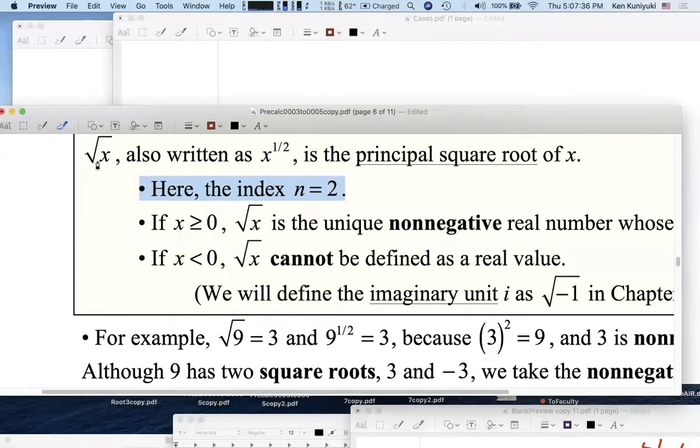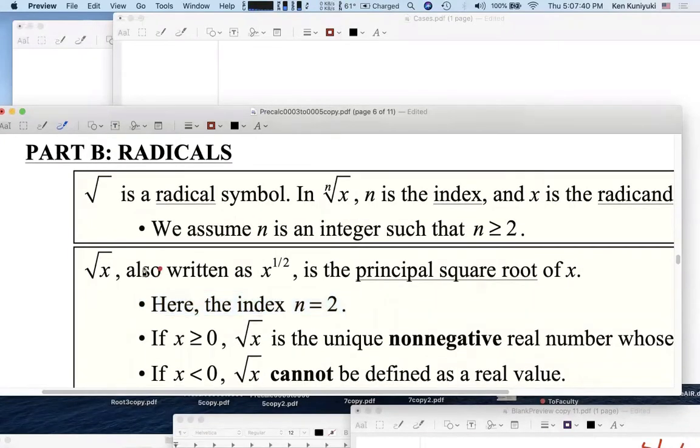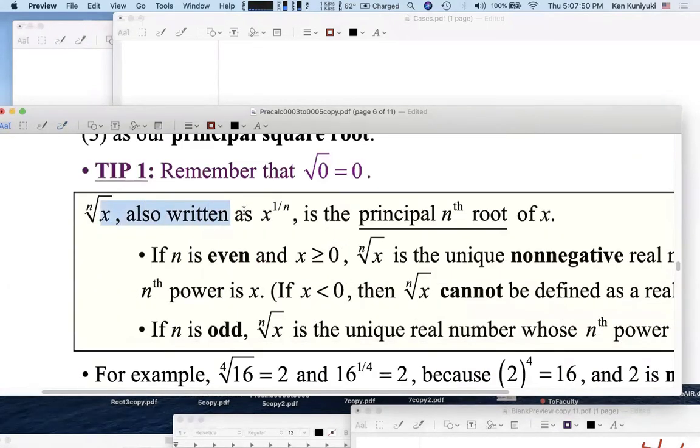Remember, the square root of x is under part B. The square root of x is also written as x to the 1/2, the principal square root of x. And remember, the nth root of x is also written as x to the 1/n. So for example, the cube root of x is x to the 1/3. The fourth root of x is x to the 1/4. Don't confuse these with negative exponents.